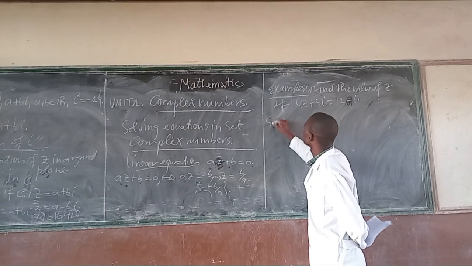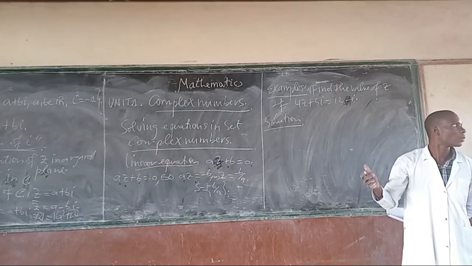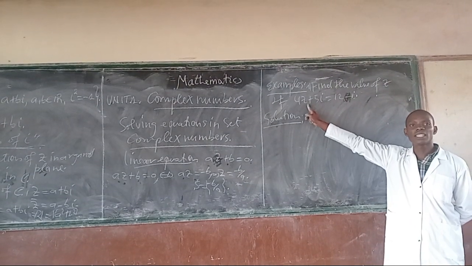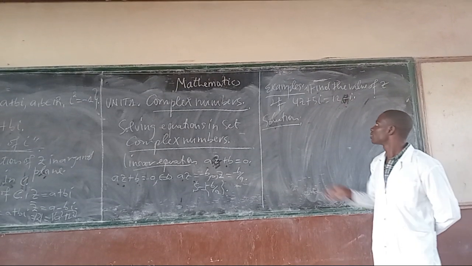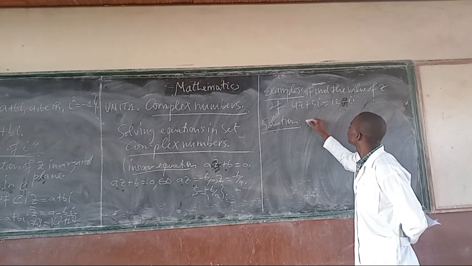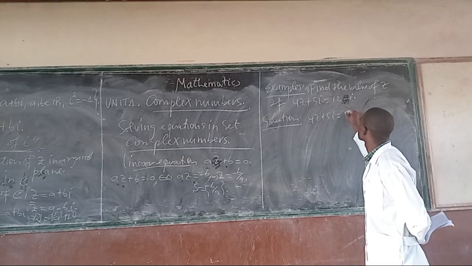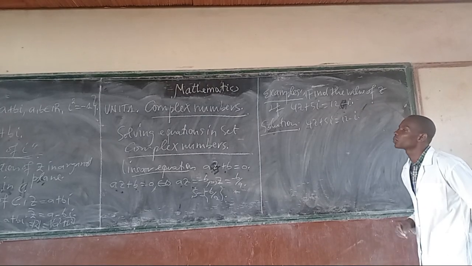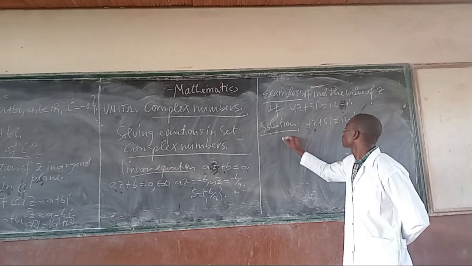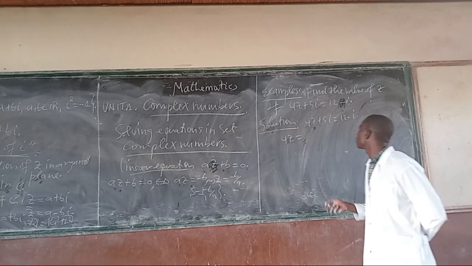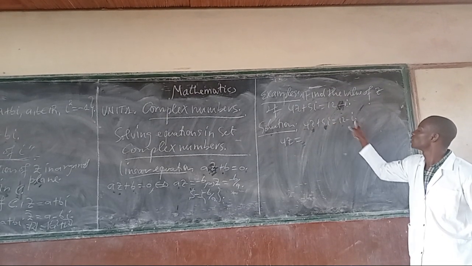Please follow how to find the solution. What is required is to find the value of z that satisfies this expression being equal to this one. Here we have 4z plus 5i, which is equal to 12 minus i. We need to find the value of z. It means you have 4z equal to, since the variable is z, we can take this one to this side.